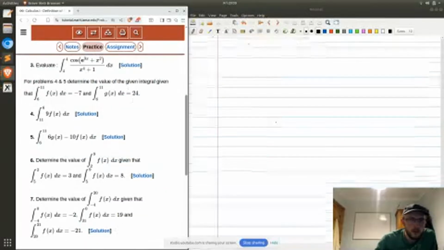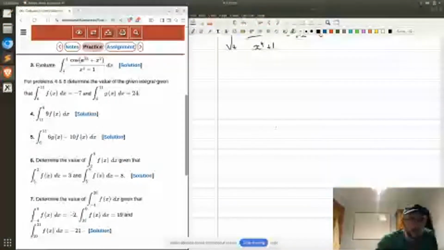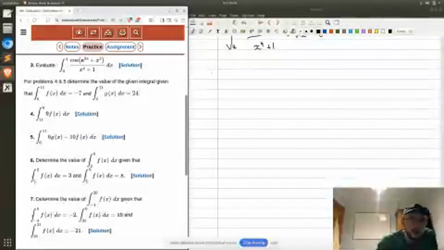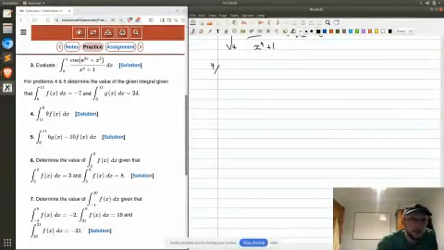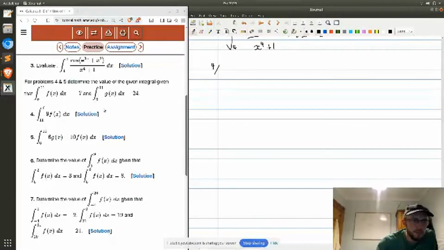Okay, so now we're going to be looking more at properties of definite integrals. Okay, so the 9 can come outside, and that will be positive 7, so I think it's just simply 63.